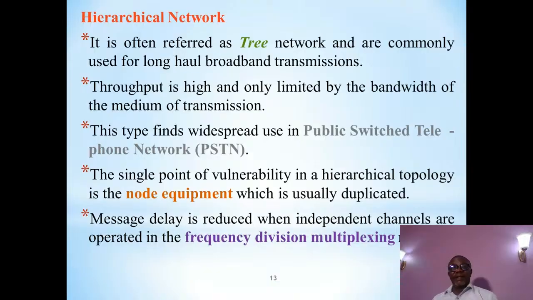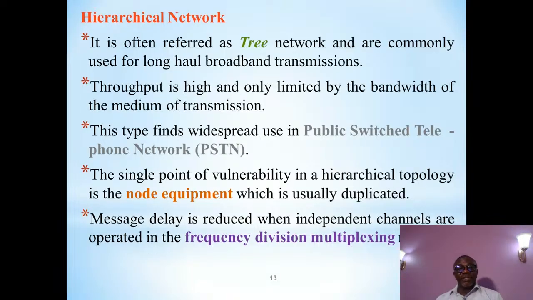Now, the hierarchical network. This hierarchical network is often referred to as a tree network and is commonly used for long-haul broadband transmission. When we say long-haul, we are looking at transmission that carries many signals over a long distance.